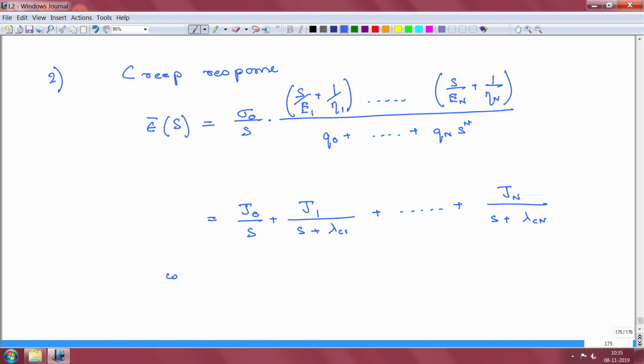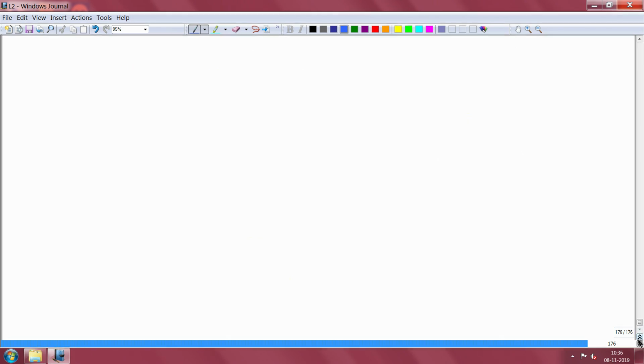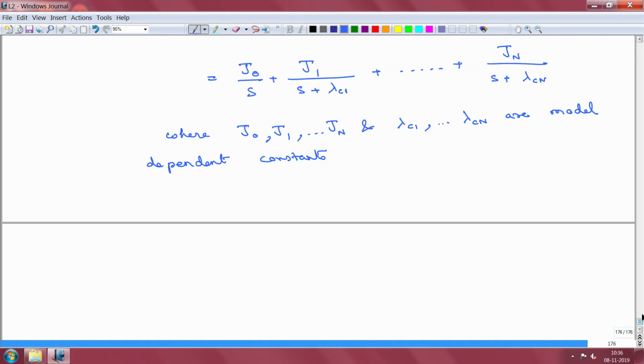Okay. So, where J naught, J1, Jn and lambda C1 are model dependent constants, right. So, you have to now take the Laplace inverse of this to get the creep response.